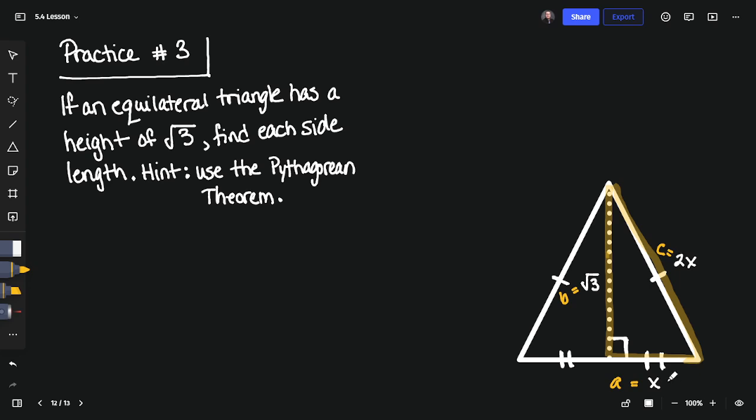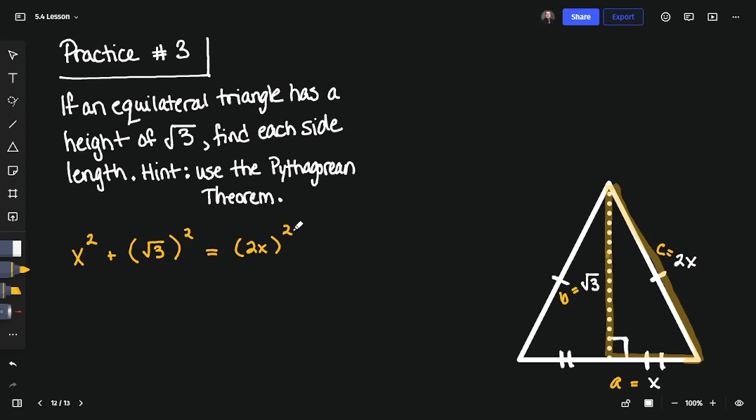So we have a squared, which is x squared, b, which is square root of 3, so x squared plus square root of 3 squared equals our value c squared, which is 2x squared.